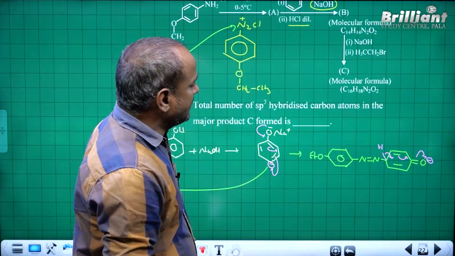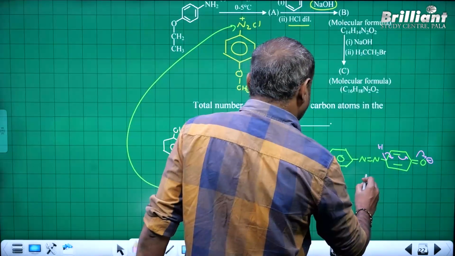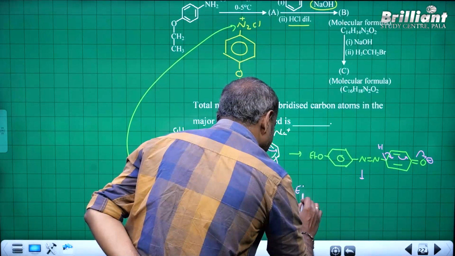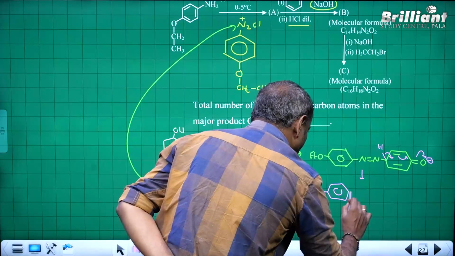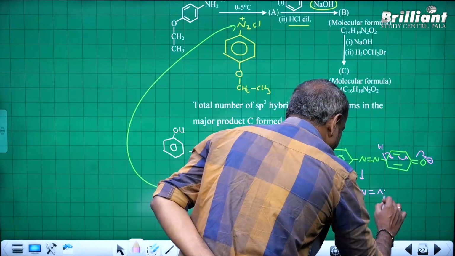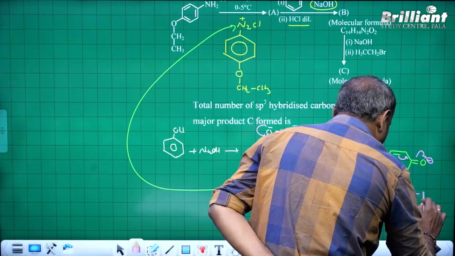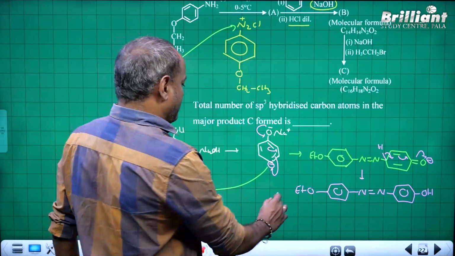That ether remains the same only. So, that is compound B, N double bond N, OH.